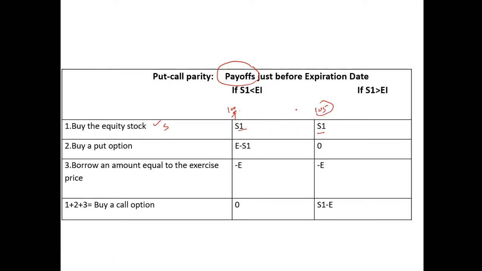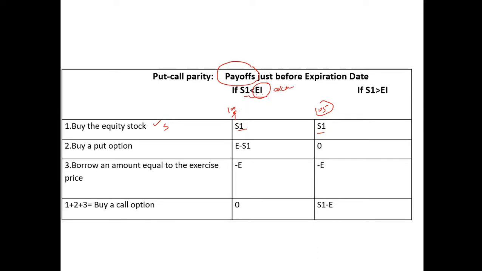So you have bought a stock. As the price moves, it may fall or it may increase. And we have written here, if the stock price is lower than the exercise price, it means that if you have bought a put option on this, this is the strike, this is the exercise price.